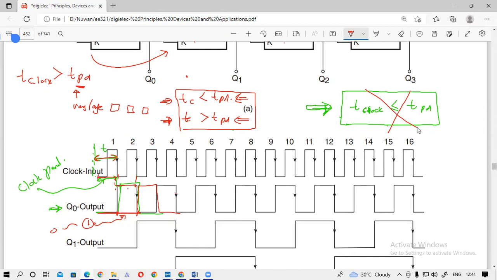Otherwise, if the propagation delay is small, it does not happen. So propagation delay should have a maximum value, not a minimum value. It should have a maximum allowable value, not a minimum allowable value.